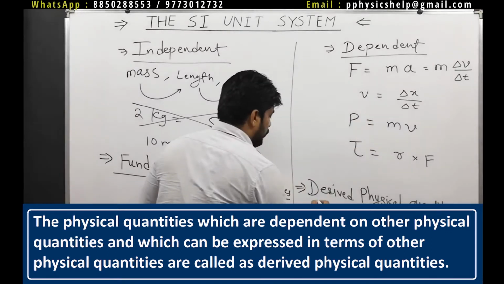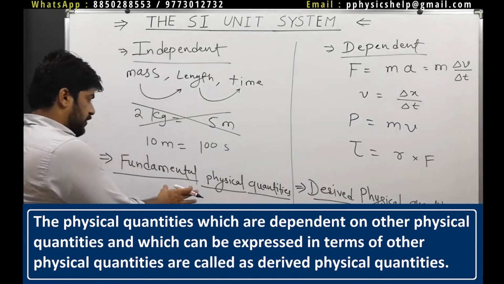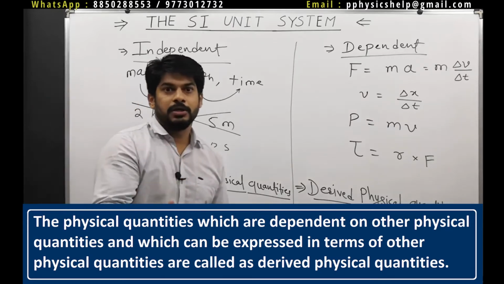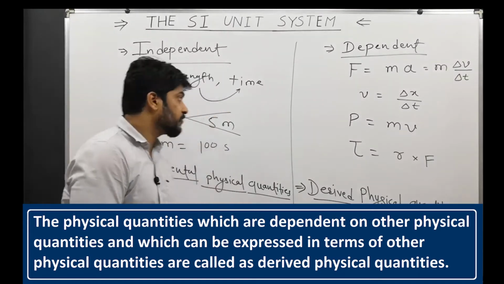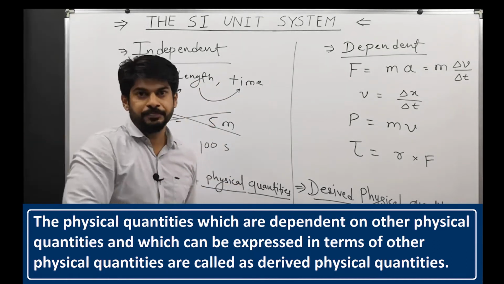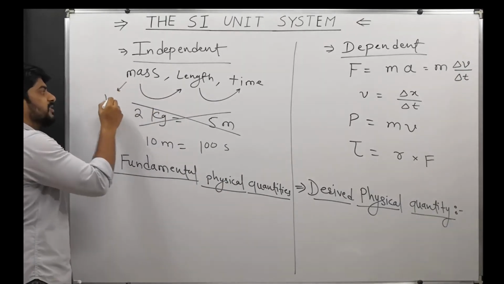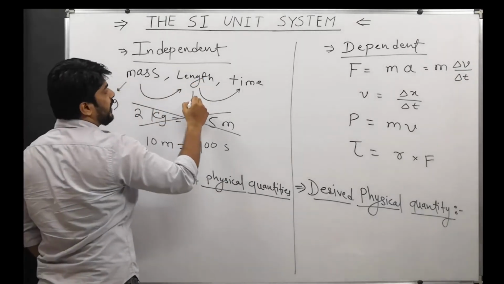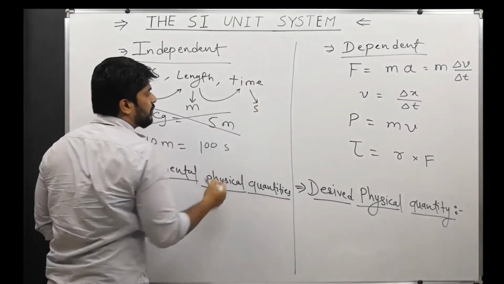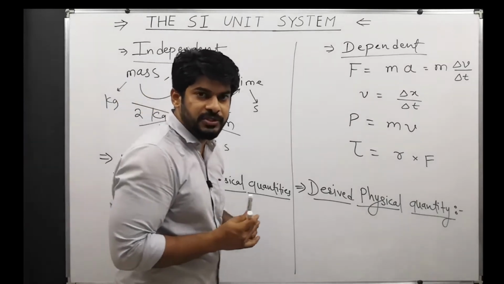So in this way we have these quantities. Now in the fundamental section there will be some fundamental physical quantities, like I have said here, mass, length, time. There are more, I will tell you later. These quantities have some units also: mass has kg, length has meters, time has seconds.